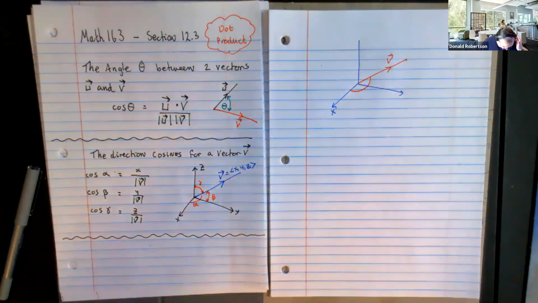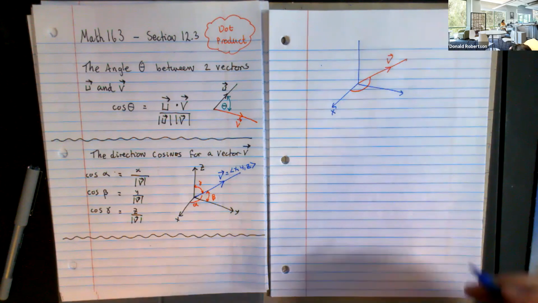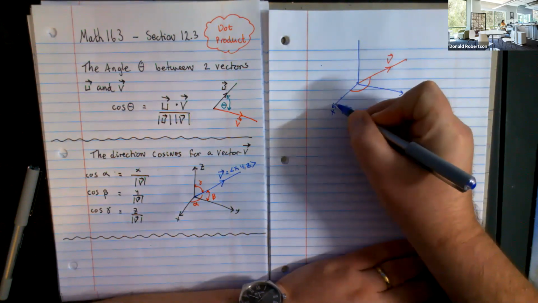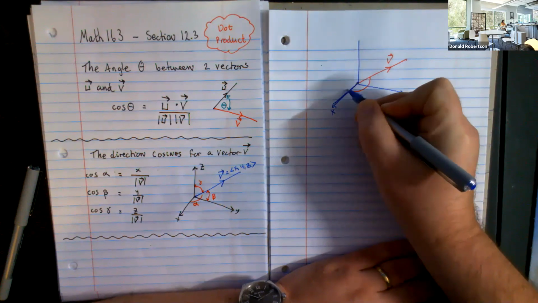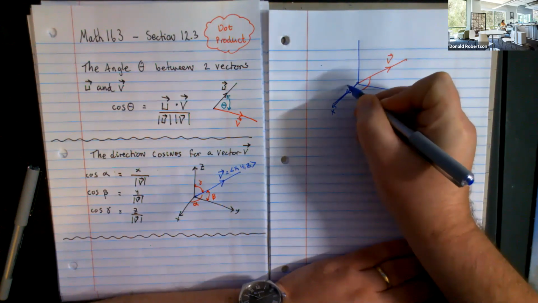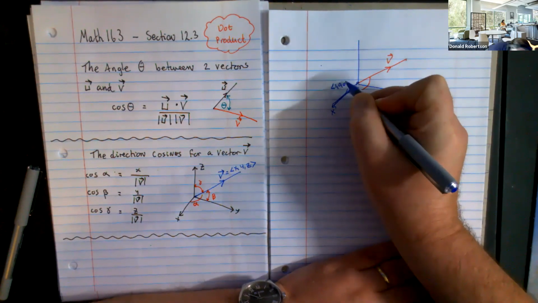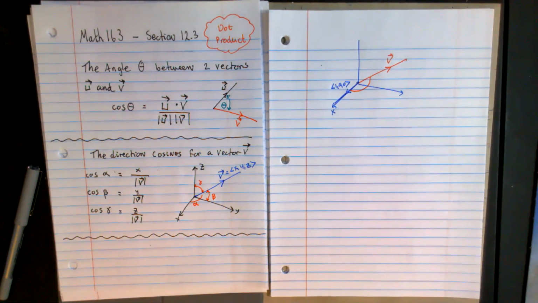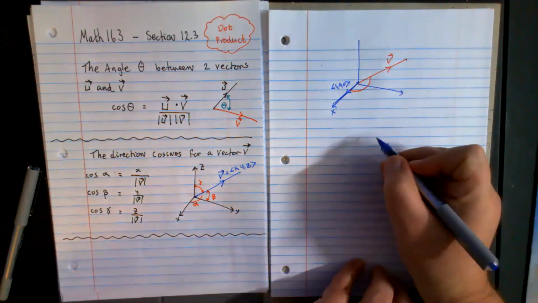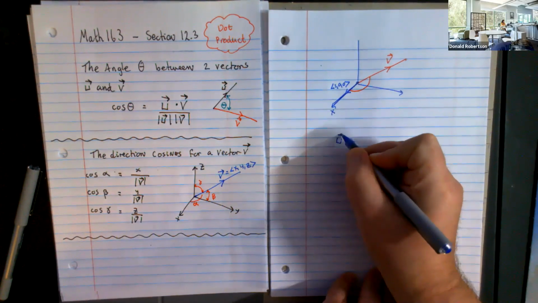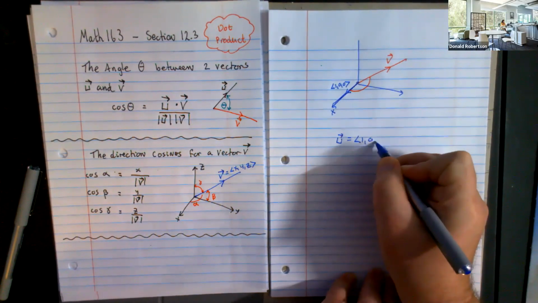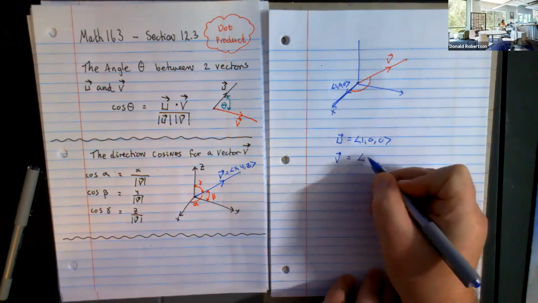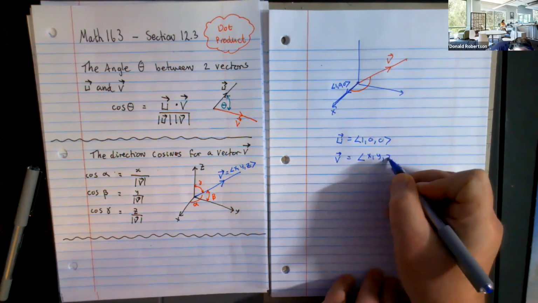Right, now, since this is the x-axis, I'm just going to use a single vector, 1, 0, 0. Would you agree that's 1 unit in the x-axis? So that's going to be my u vector. And my v vector is going to be called x, y, z, because it could be anything, right?